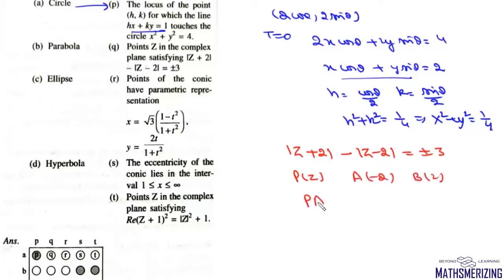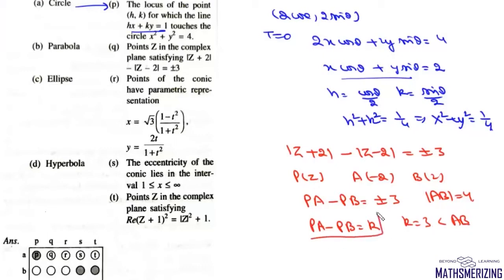We write this condition as PA − PB is plus or minus 3, where the value of AB is 4. Now this condition is PA − PB equals k, where k is 3 and it is less than AB. This is nothing but the focal property of a hyperbola. This equation in Q is a hyperbola. So this Q matches with D.